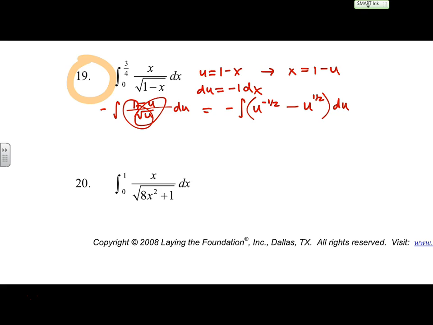Some of you might need to go back and look. When I split it up, 1 over square root of u minus u over square root of u, it simplifies to be that. Isn't that just power rule now? So now add 1, I get u to the 1/2 times 2. Add 1, I get u to the 3/2 times 2/3.